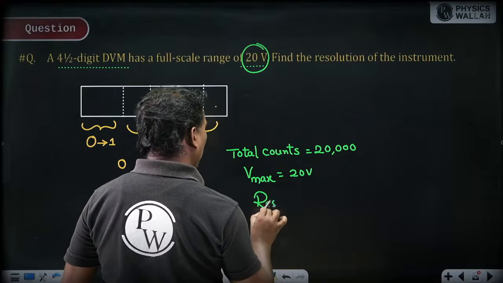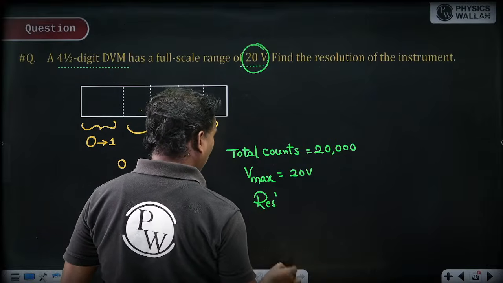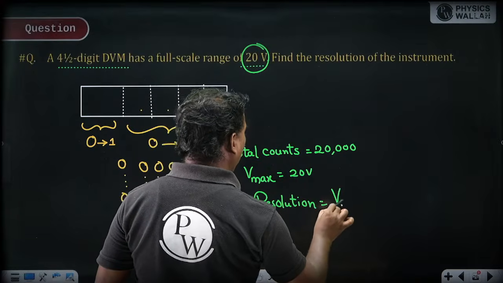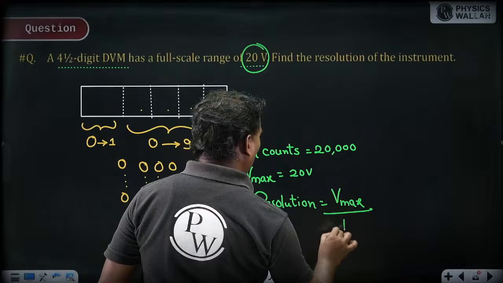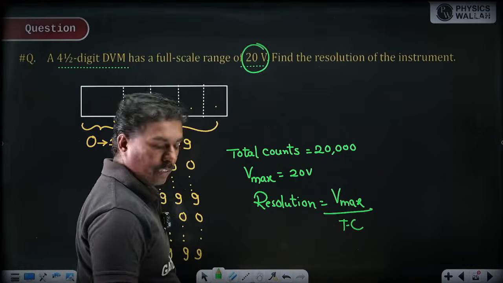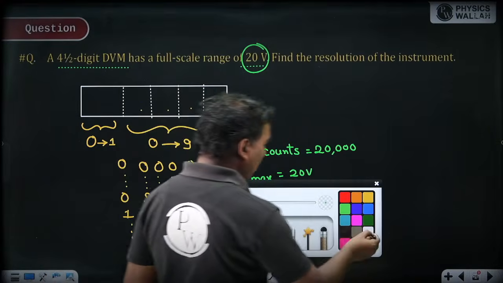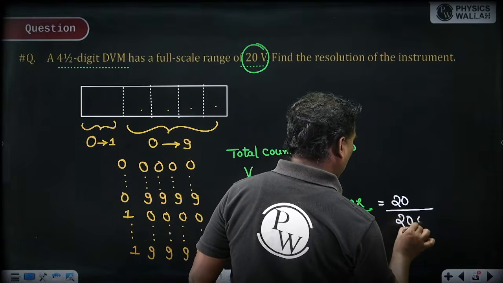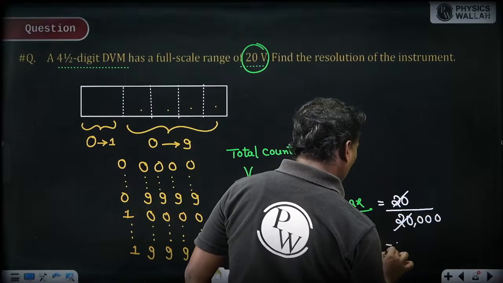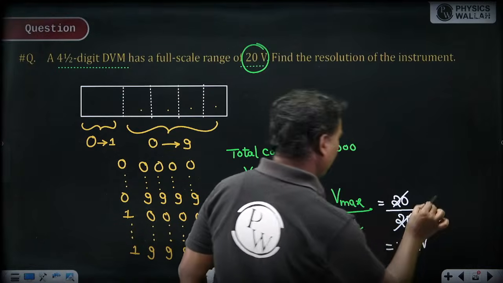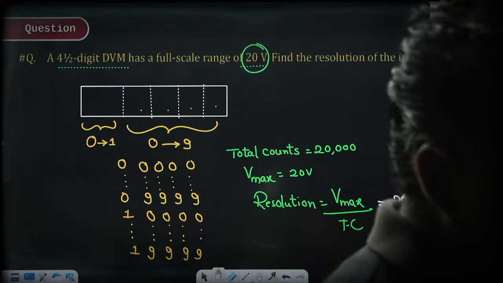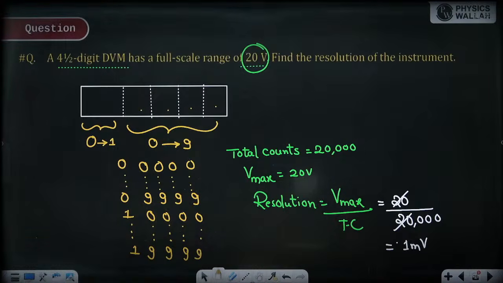So the resolution is given by V max by total counts. Okay, please confirm once what the value will be. So V max is 20 and total counts are 20,000. So the answer is 1 millivolt. So please make a note of these points. Any doubts?